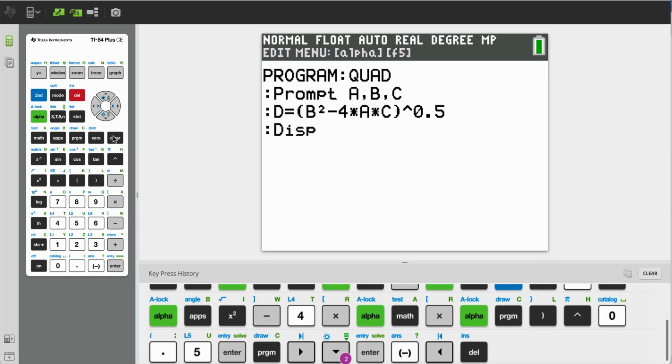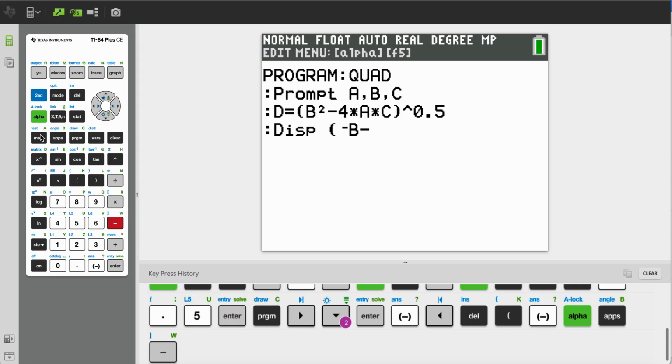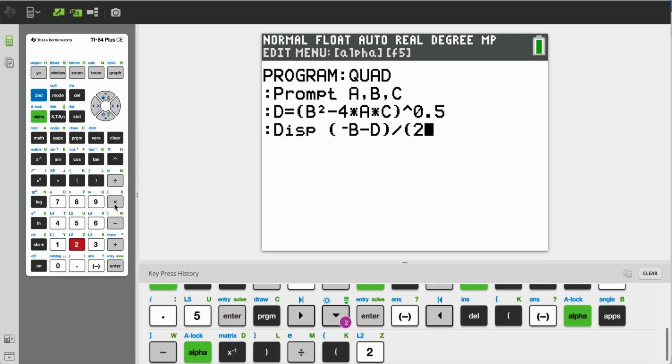I think we need a parentheses. Parentheses, negative sign, not subtraction sign, negative sign, alpha B, minus, regular subtraction sign, the determinant, which is alpha D, we already calculated that, close, divided by, open parentheses, 2 times alpha A, close parentheses.